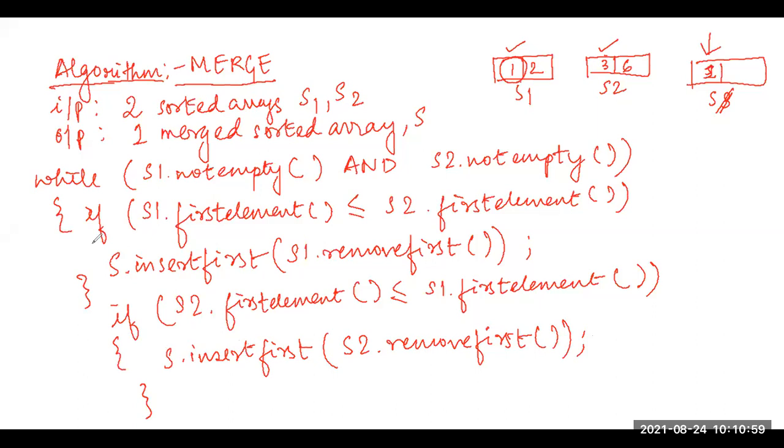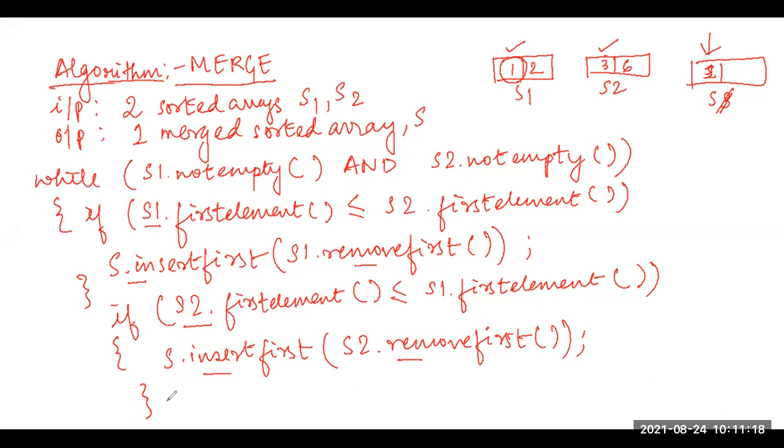So if always the first element in my first list is lesser, I will remove that and insert it in my final list. Or if the element in my second list is lesser, I will remove that from the second list and insert it in my final list.